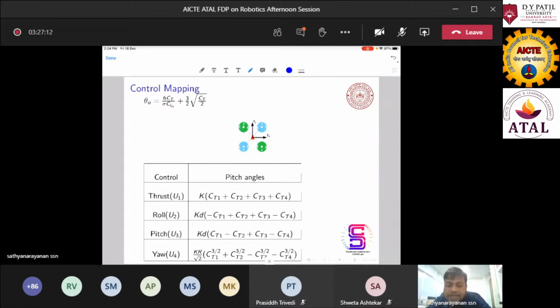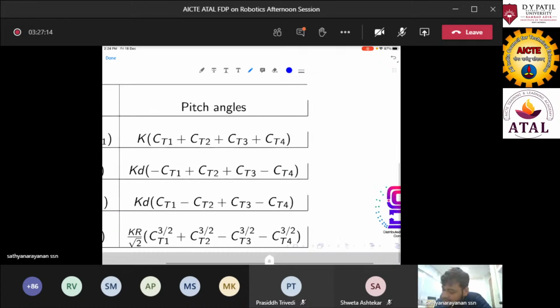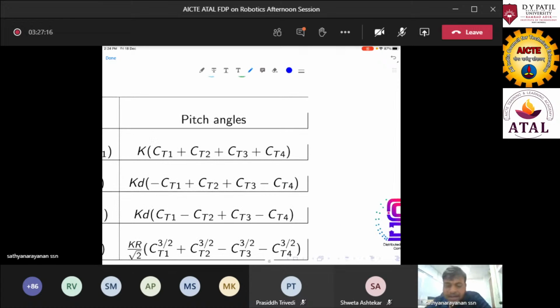But the yaw torque is actually a non-linear term, having a 3 by 2 factor, whereas in our earlier case it was just a rotor speed pair. Here it is non-linear, but people will approximate it as CT1 itself, because CT1 is very small. There are also other algorithms where you don't have to approximate.